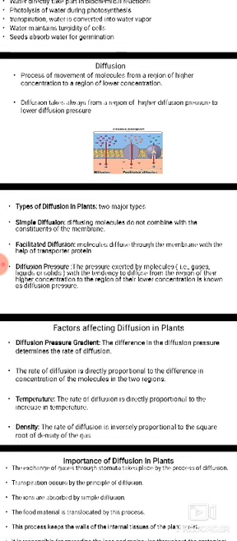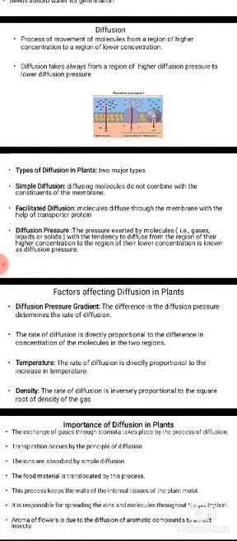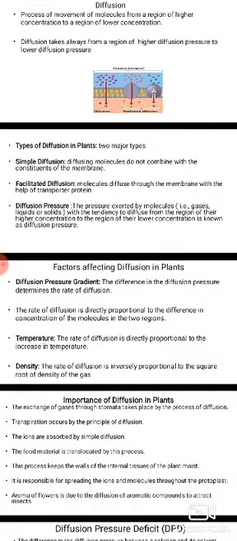The types of diffusion in plants are of two types. One is simple diffusion, where diffusing molecules do not combine with constituents of the membrane. The second one is facilitated diffusion, where the molecules diffuse through the membrane with the help of transporter protein.